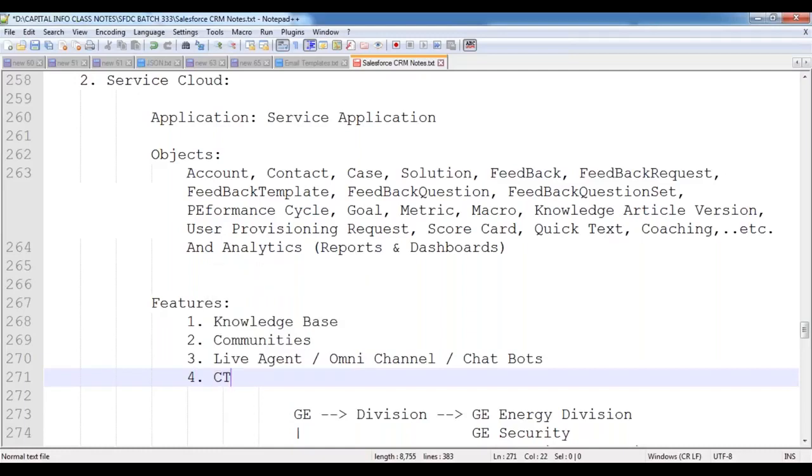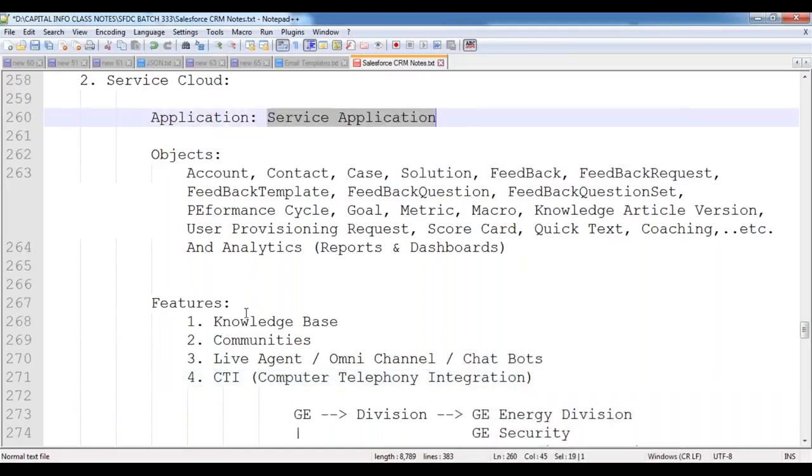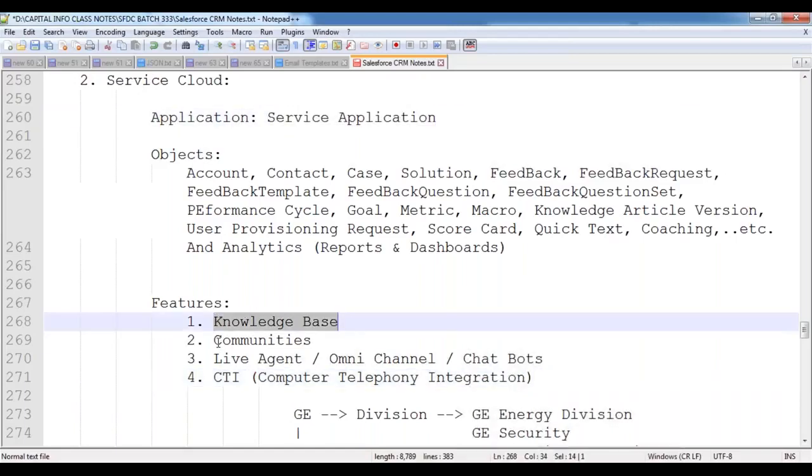And the fourth one, Salesforce has given a feature called CTI, that means computer telephony integration. These are four more additional features given by Salesforce as part of this Service Cloud. As part of the Service Cloud, not only the service application, we have the knowledge base feature, communities feature, live agent feature, and CTI feature also available.